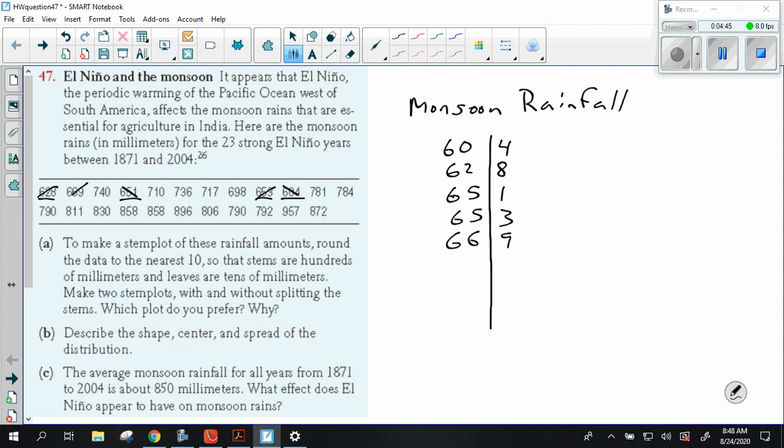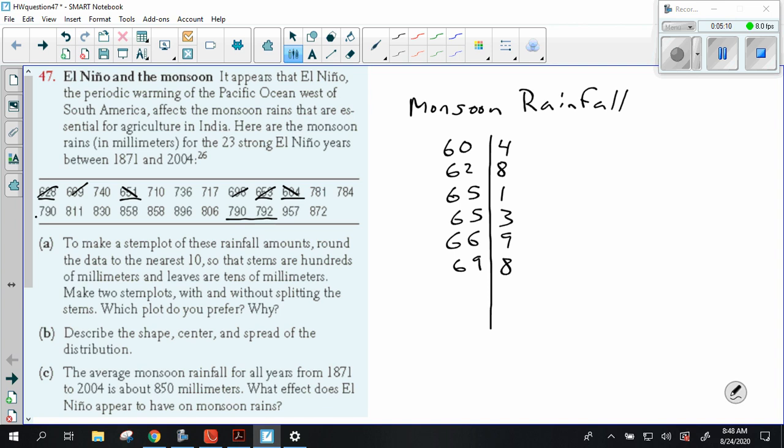It doesn't make sense for me to do it this way, and you can see why, right? It's just going to be this huge, long list. The only things I'm going to have, these two will wind up having two leaves for the one stem 79. Oh, and this one will also.